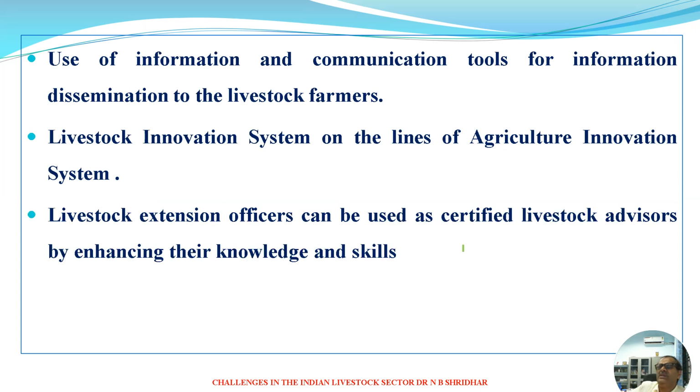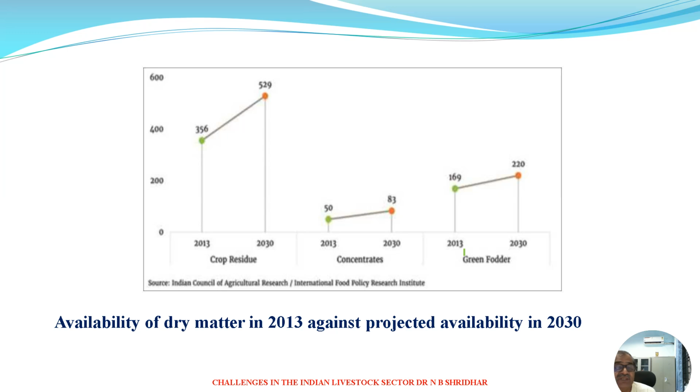Then there should be the use of information and communication tools for dissemination to the livestock farmers, and a livestock innovation system on the lines of the agriculture innovation system. And livestock extension officers can be used as certified livestock advisors by enhancing their knowledge and skills. Livestock development officers and extension officers are always present in the taluk places. They need to work more for proper extension activities.